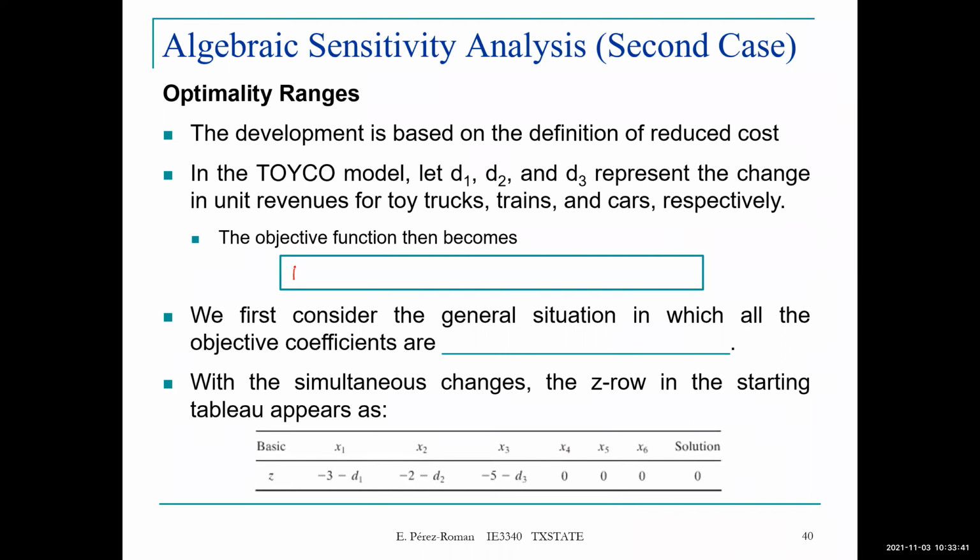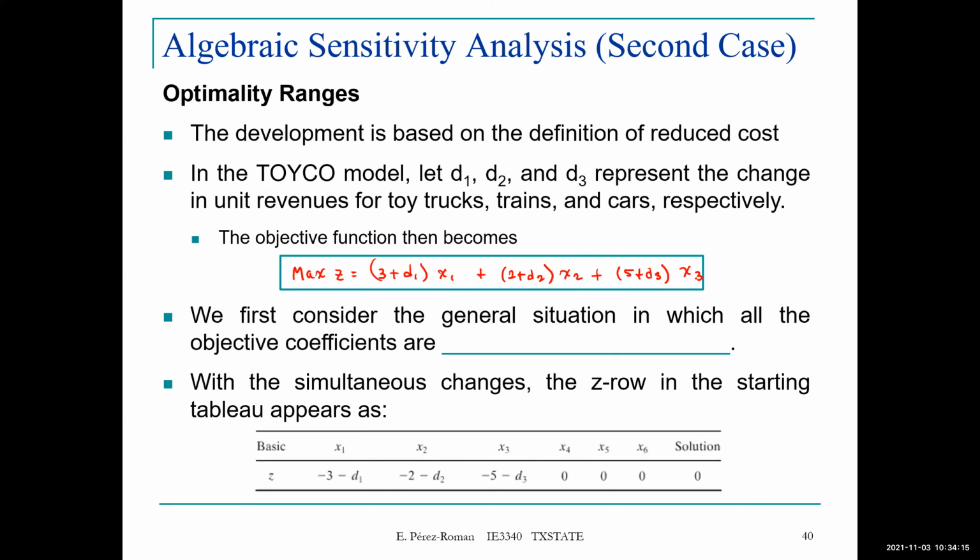It is the maximization of Z equals 3 plus D1, which represents the change in the profit, X1, plus 2 plus D2, X2, plus 5 plus D3, X3.